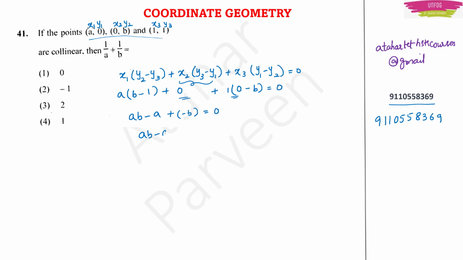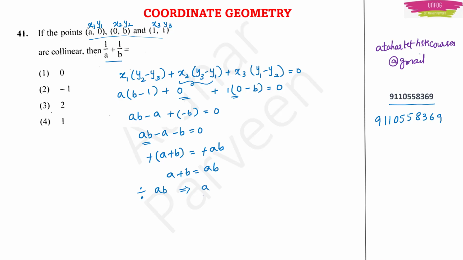So ab minus a minus b is equal to 0, or minus of (a + b). I am taking minus outside and sending ab to the right hand side, so I will get minus ab. The minus and minus cancel and I have a + b = ab. But what I want is 1/a + 1/b, right? To get that type of equation on the left hand side, I will divide this entire equation by ab.